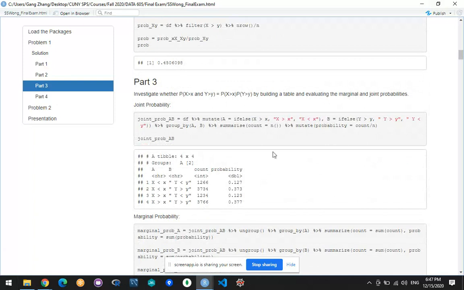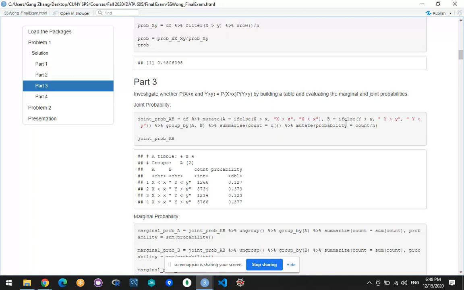For part three, at first I mutate the data frame into S greater than small s and S less than small s for column A, and for column B, I do the same for the Y variable.